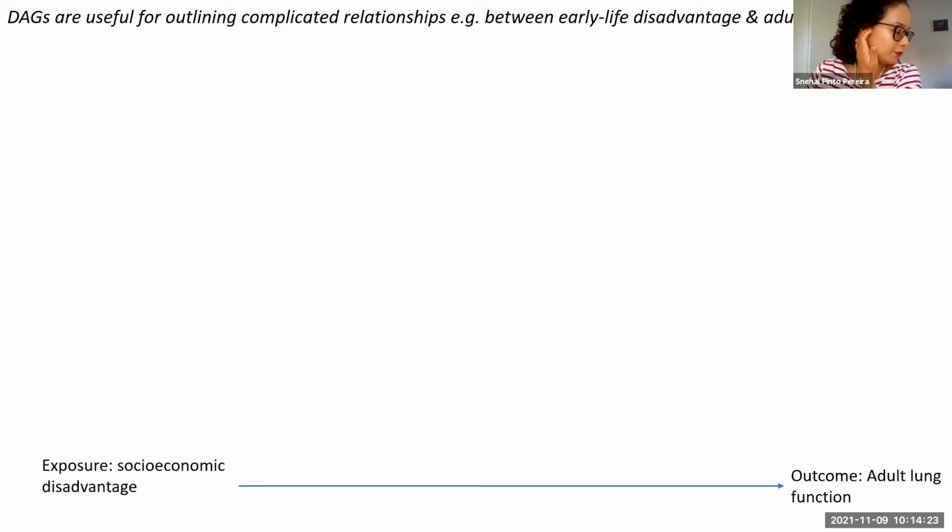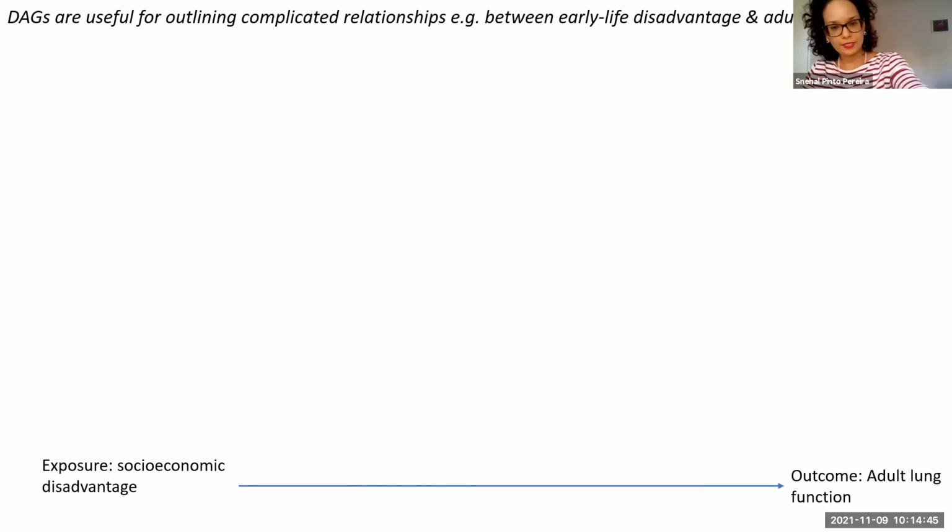And here's another example of where we use DAGs to outline complicated relationships. So something I've been thinking about more recently is how socioeconomic disadvantage in childhood affects adult lung function, because your lungs develop when you're a child, and having disadvantage in childhood could mean that you live in less ventilated and more overcrowded places, and that affects your lung development, which then affects your maximum lung capacity when you become an adult, yeah?